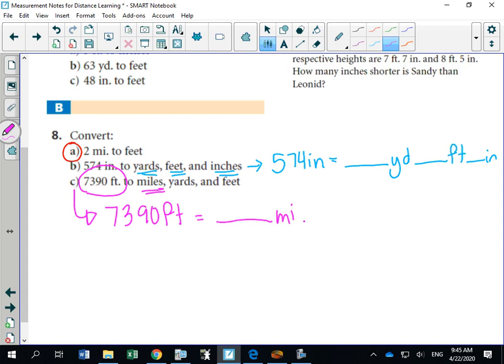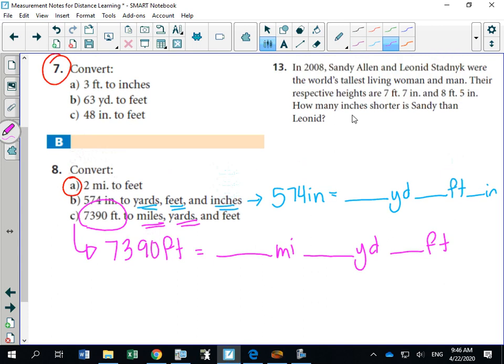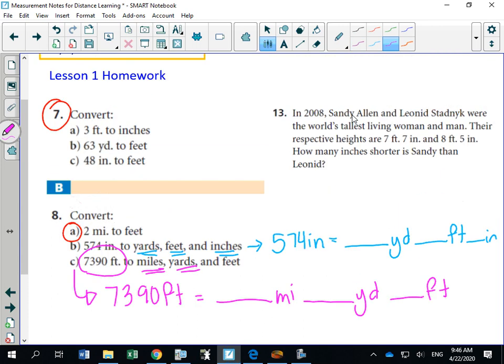So the number in front of the decimal is how many miles you have. Take that decimal and go to yards second, and then from yards, go to feet third. Okay? So you want to be able to do that.